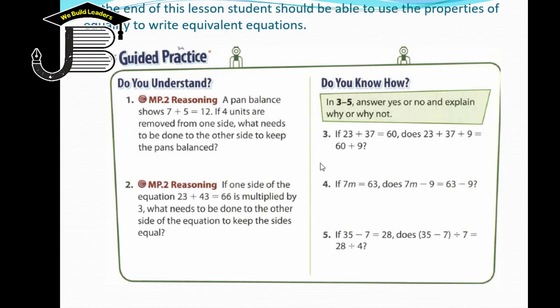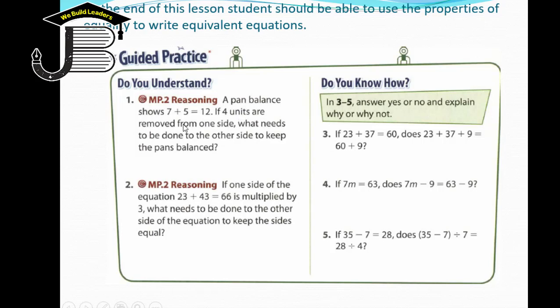In number 5, we have 35 minus 7 equals 28. It's a correct equation. Does 35 minus 7 divided by 7 equal 28 divided by 4? We divide both sides, but not by the same number, so it's not. Number 1: a pan balance shows 7 plus 5 equals 12.